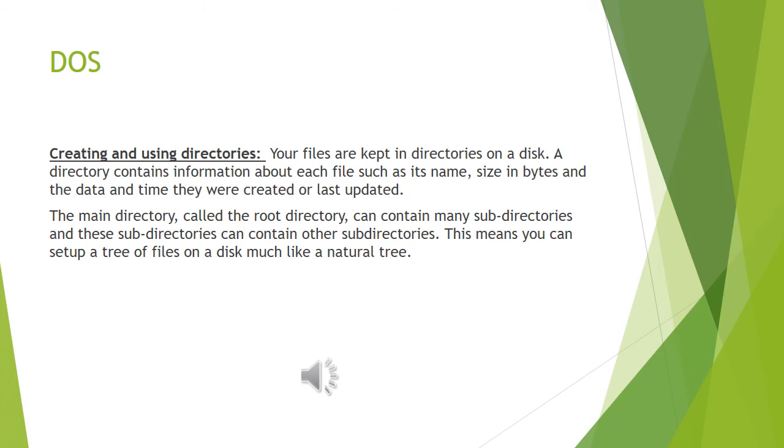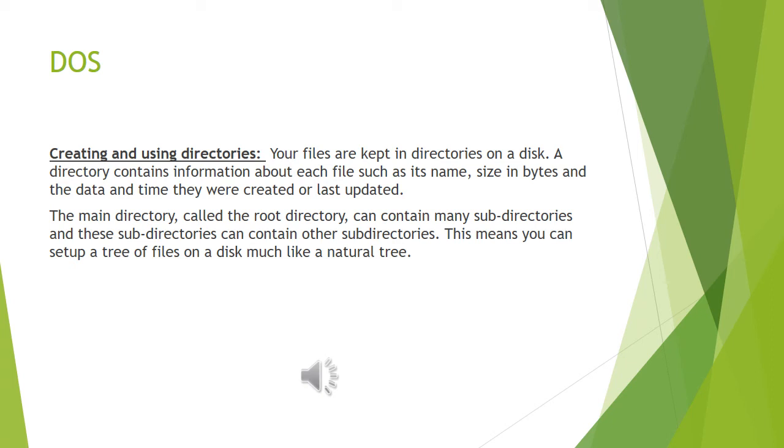Creating and using directories. Your files are kept in directories on a disk. A directory contains information about each file such as its name, size in bytes, and the date and the time when it was created or last updated.